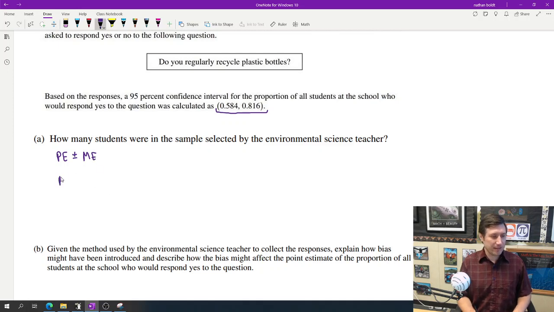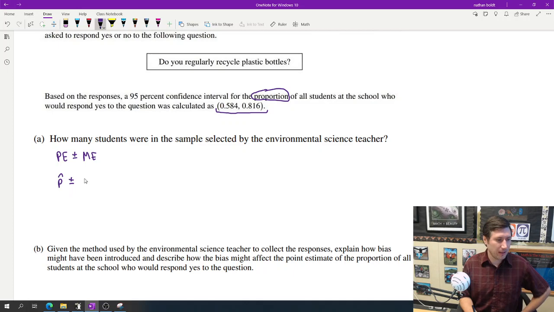So it's your point estimator, in this case our proportion, p hat, plus or minus the margin of error. In this case, because this is a proportion, it's a one sample z interval. Our critical value is a z star times the standard error.